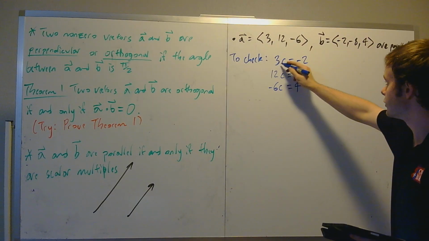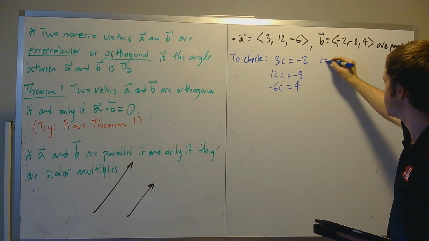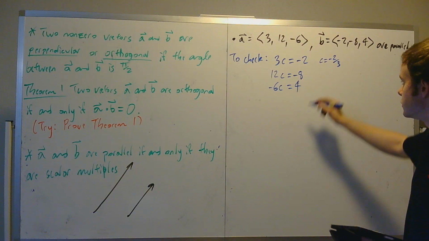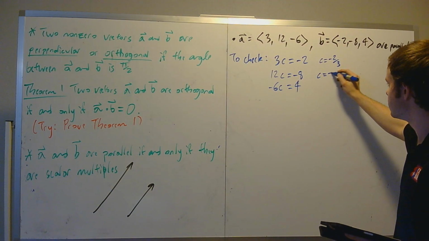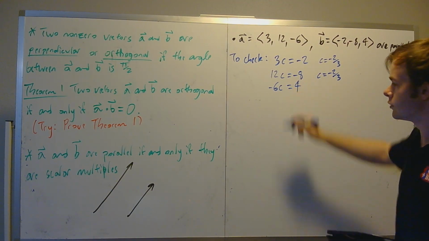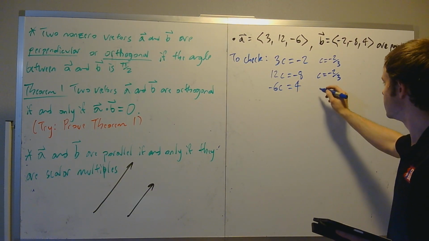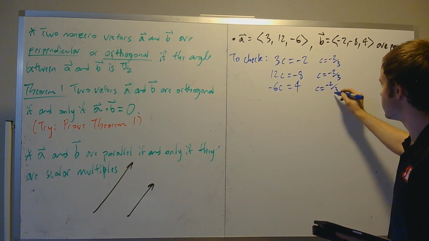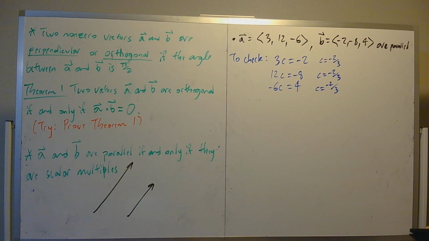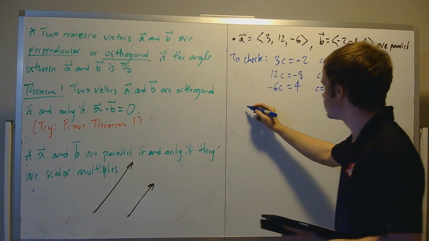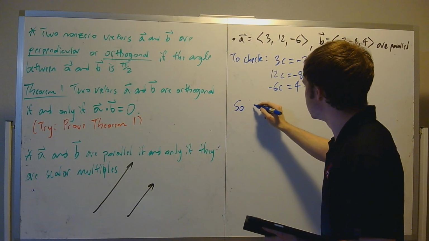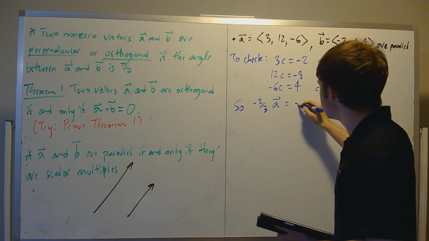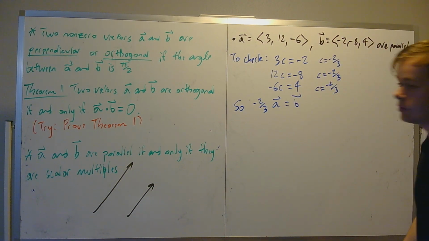If we solve the first equation, then c equals negative 2/3. If we solve the second equation, we also get c equals negative 2/3. And if we solve the third equation, we also get c equals negative 2/3. So what this is saying is that negative 2/3 times the vector A equals the vector B, and you can check that.